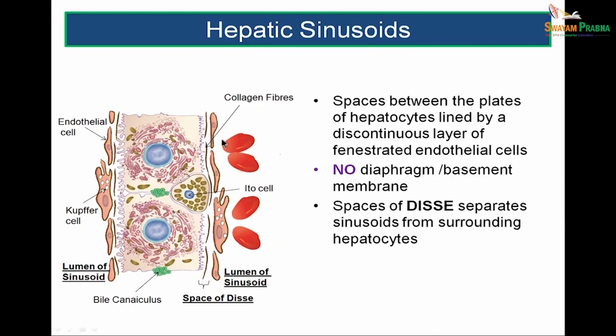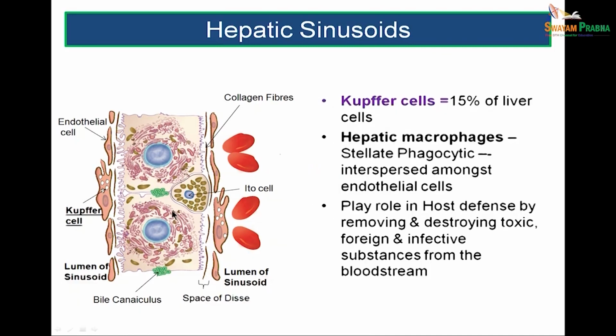So, what happens now is there is a high permeability, and so exchanges between the hepatocyte and the blood flowing in the sinusoid can take place easier. Space of Disse, we said, is what we see here, the space between the endothelium and the sinusoidal surface of the hepatocyte. There are collagen fibers running in that space that support the hepatocytes in position.